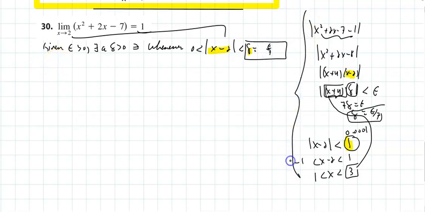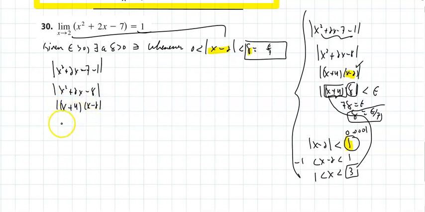Forgetting all of this, I'll take x squared plus 2x minus 7 minus 1. That is x squared plus 2x minus 8. I just did the work right there. You could just copy it. X plus 4 into x minus 2. I'm going to say this is less than the biggest this could ever be, if I put a 3 there, which is a 7. So 7 is bigger than x plus 4.